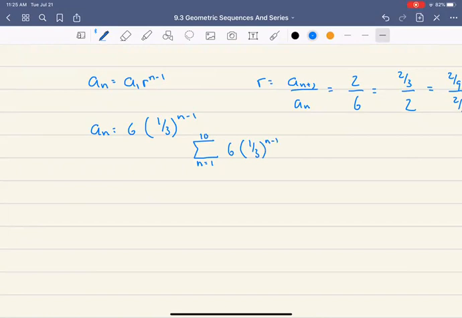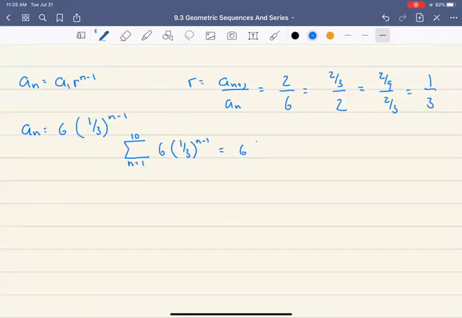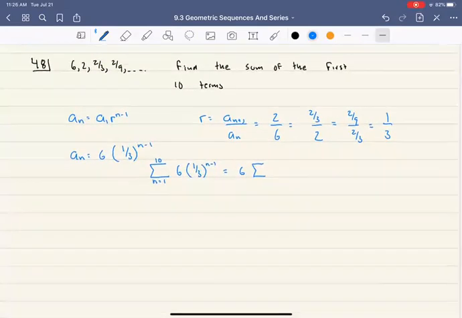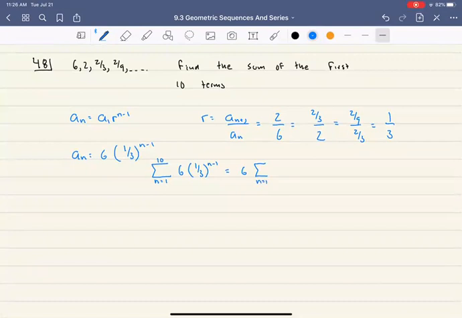Now that equals, we're going to factor out a 6, times the sum, n equals 1 to 10, of 1/3 to the n minus 1.